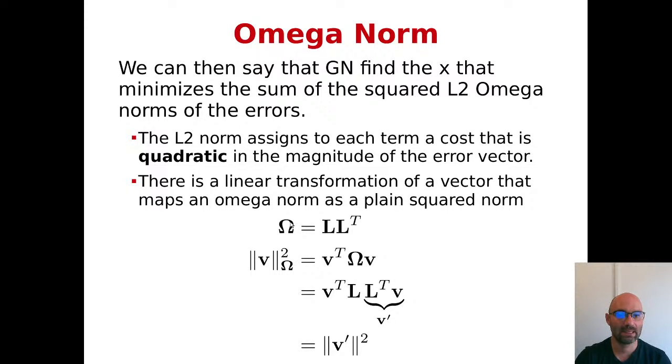And so we might say that the L2 omega norm of v is equal to the L2 norm of v prime, where v prime is obtained by multiplying v by the Cholesky decomposition of omega. And this is quite simple.